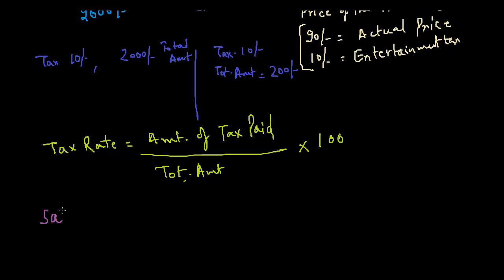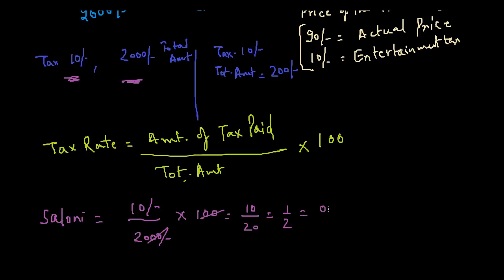Saloni paid 10 rupees as tax, and 2000 was her total amount of money, the total income, into 100, which comes out to be 10 upon 20, equal to 1 by 2, or 0.5%. 0.5% is the tax rate that Saloni has paid.